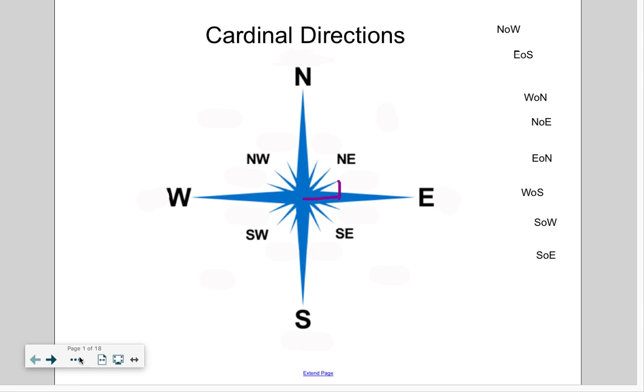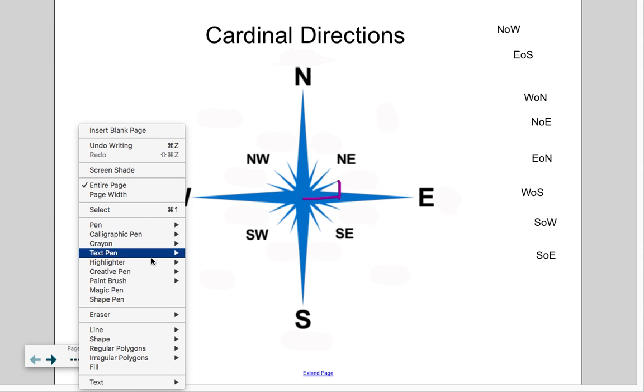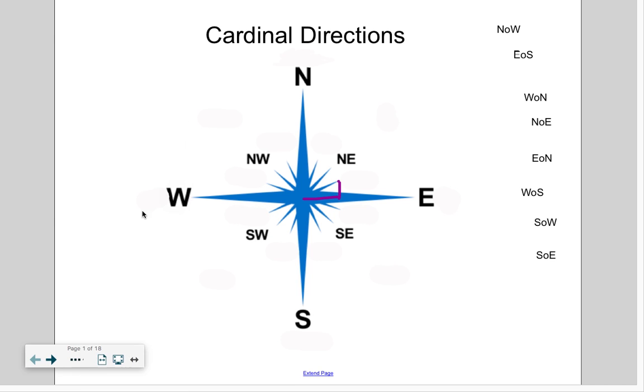Where's my selection tool? There it is. Okay, then I know that I have to first go over east and then up north.